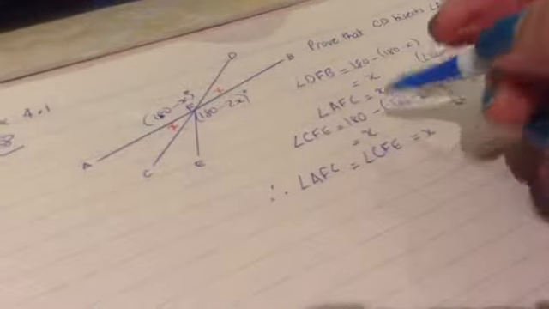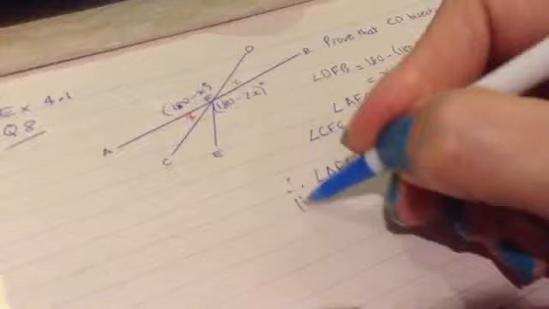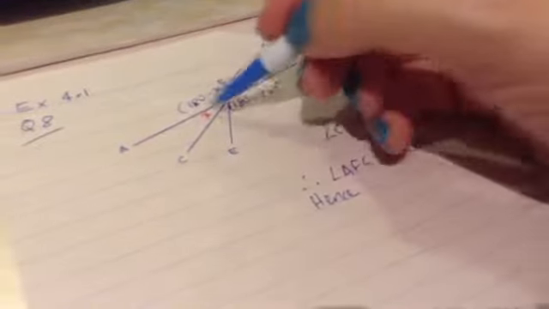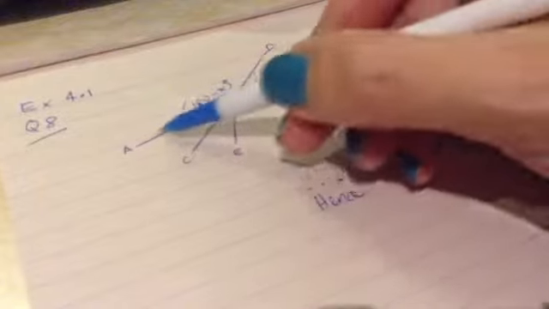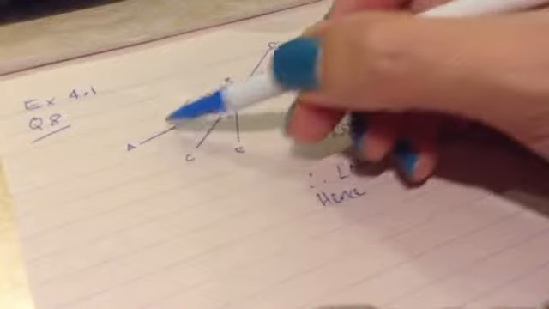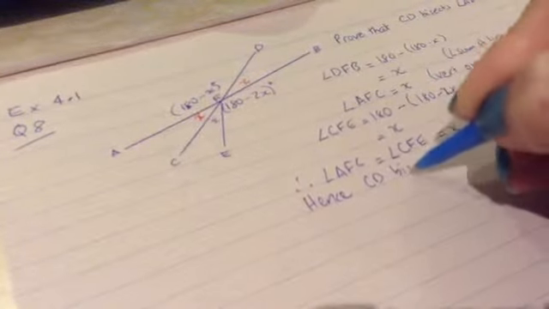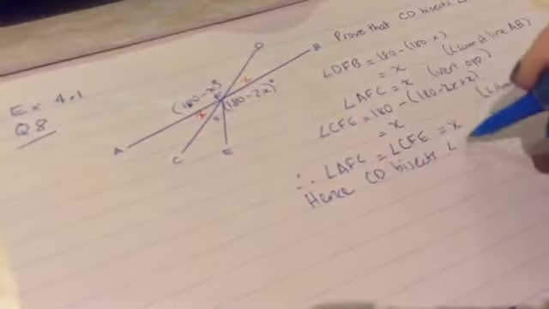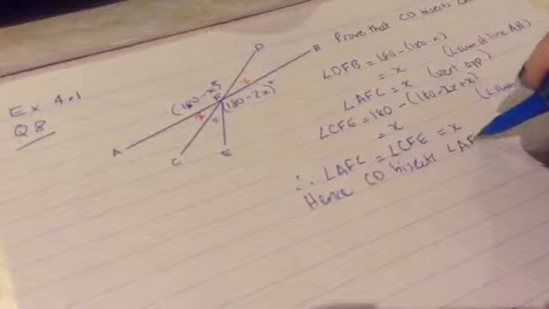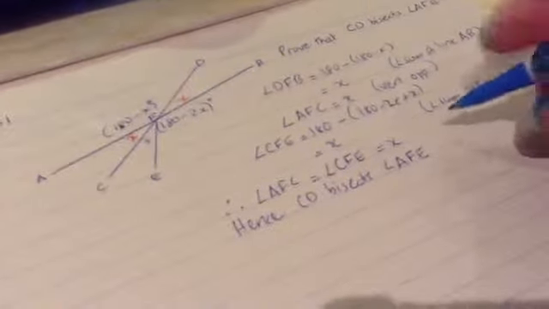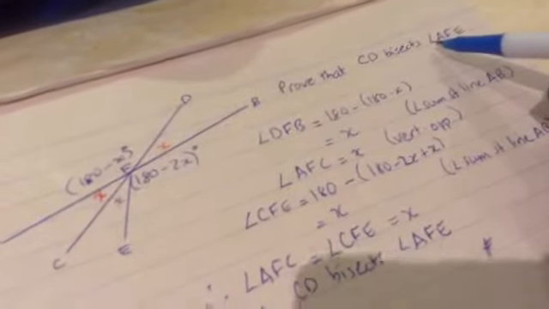And hence, since we've proven that this is x as well, this line CD is bisecting angle AFE. So hence CD bisects angle AFE, as required in the question.